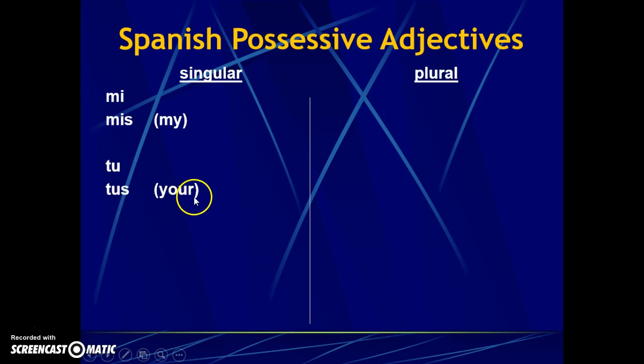Again, both of these mean your. Just depends on the noun that follows it, which one you're going to use. Su and sus, this one means his, her, its, or your formally. Depending on the context, you'll be able to know which one to use, in a certain sentence that I'll give y'all and so forth.